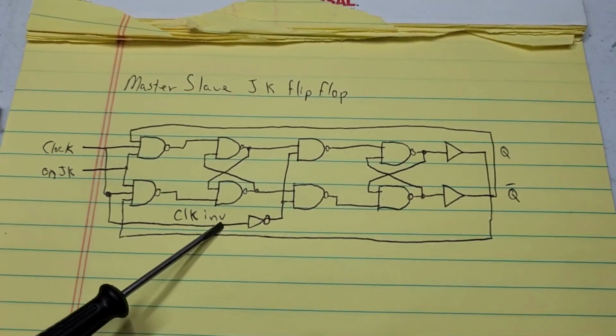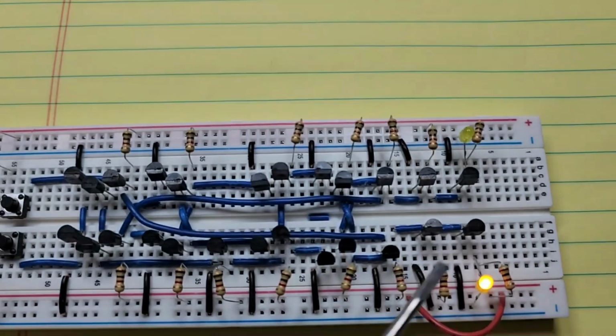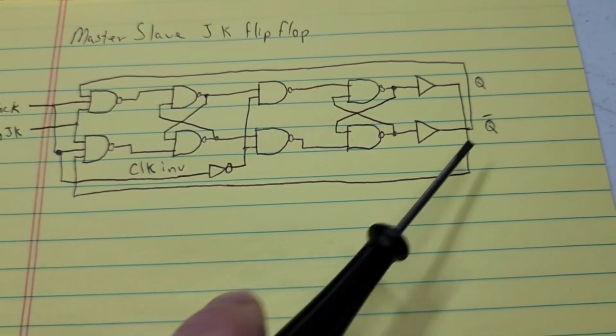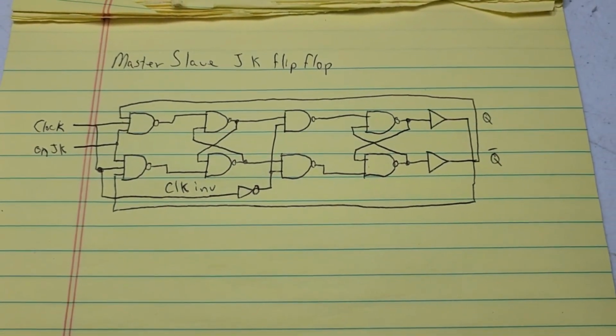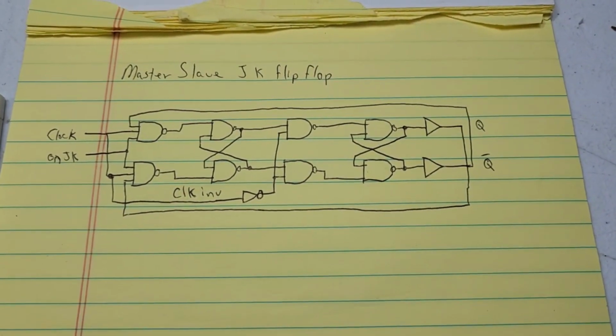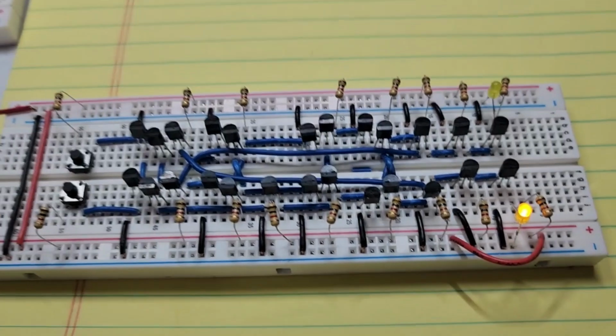That's why it's called a master-slave JK flip-flop. But I had to add two more buffers to get this to work for whatever reason. Someday I'm going to get an oscilloscope and check why that is. Anyhow, this is what I built. You can see it here.